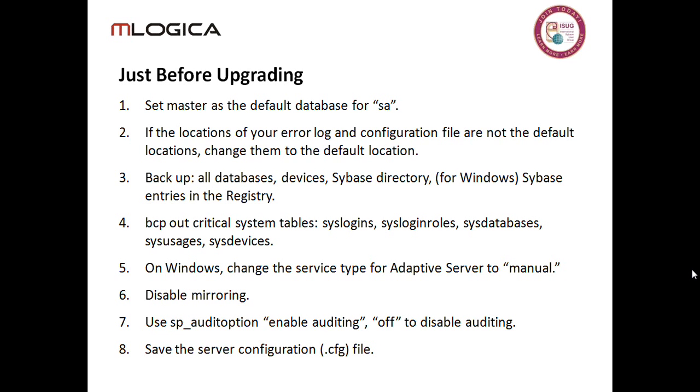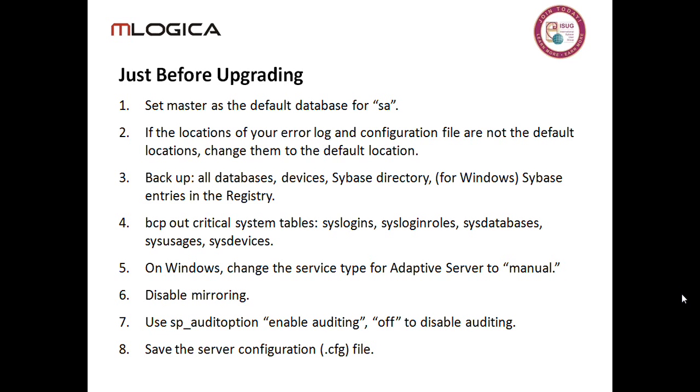Things that need to be on that checklist include: set the master database as the default for the system administrator. Make sure that the error and configuration files are in the default locations. This is a feature of the upgrade process. Dump everything: directories, devices, running on Windows, registry entries, everything you've got sitting out there.